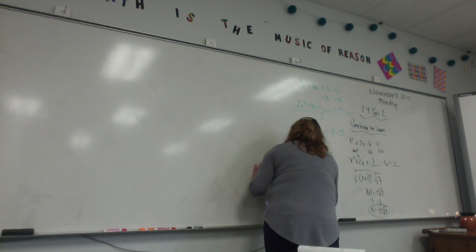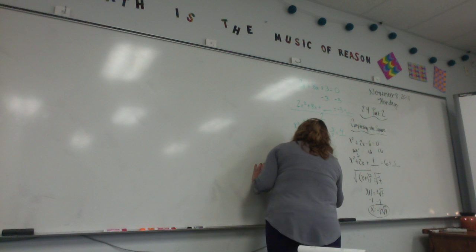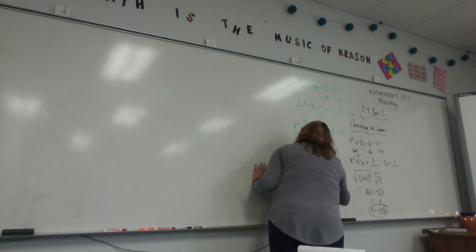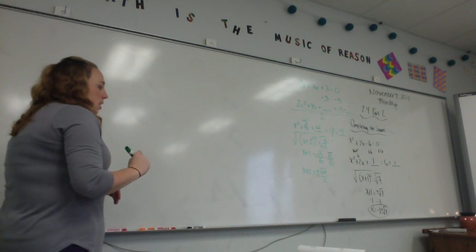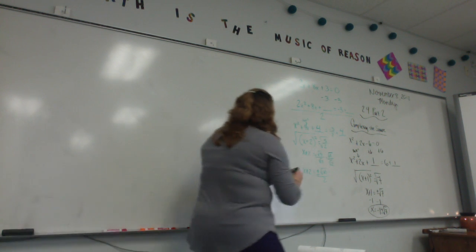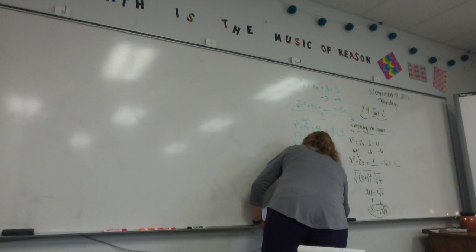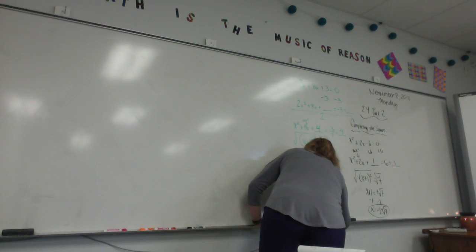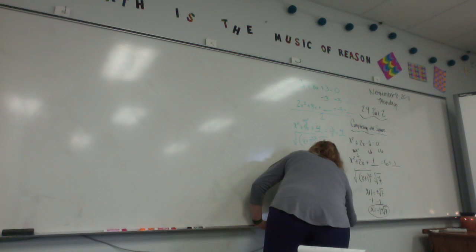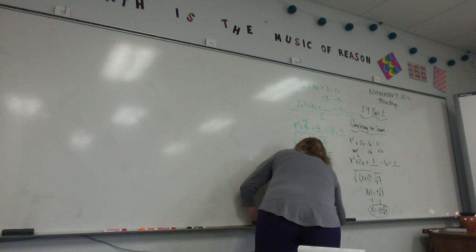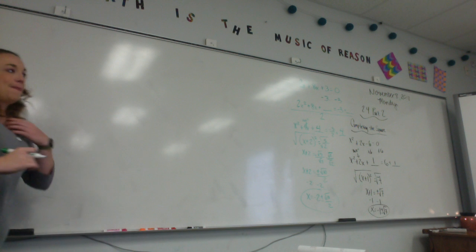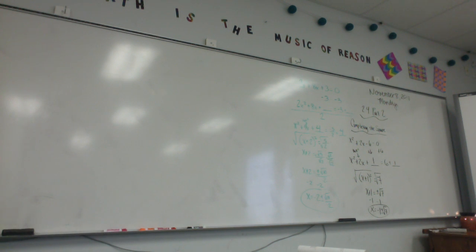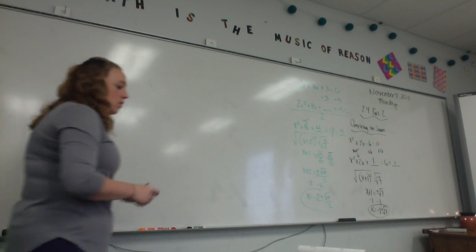So now you have x plus 2 equals plus or minus radical 10 over 2. Then I subtract 2 from both sides, and I get x equals negative 2 plus or minus radical 10 over 2. This literally just combined every step we've learned into one equation. It can be terrifying and overwhelming, yes.